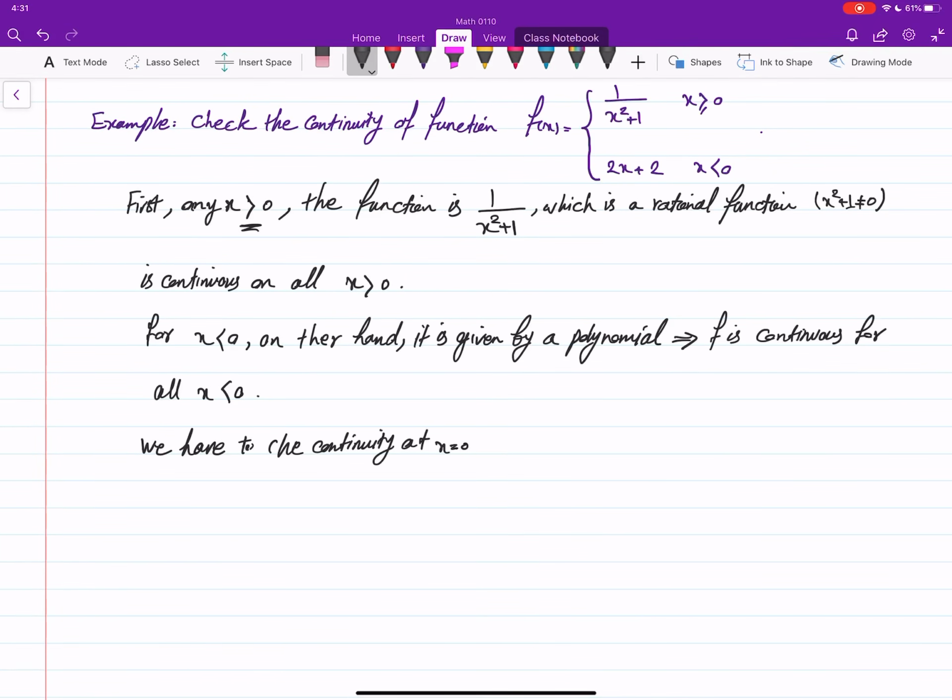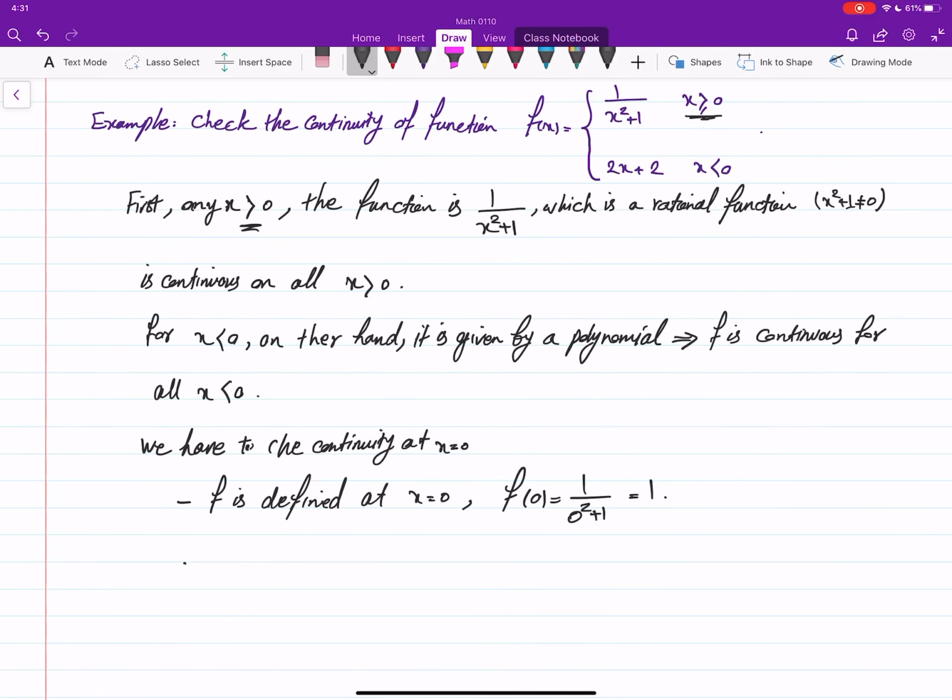It means that we have to first check if the function is defined at 0 or not. f is defined. Why? Because it says if x is bigger than or equal to 0, you use this formula. And f at 0 is 1 over 0 squared plus 1, which is just 1.